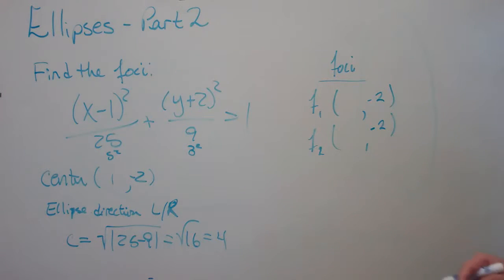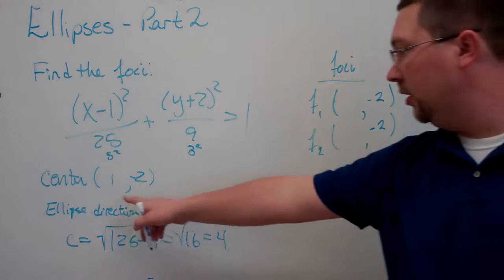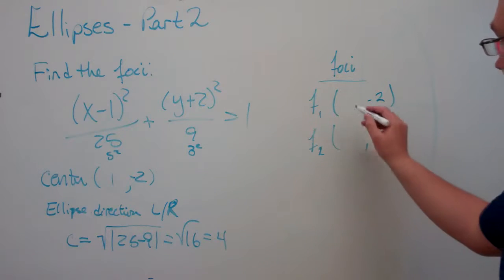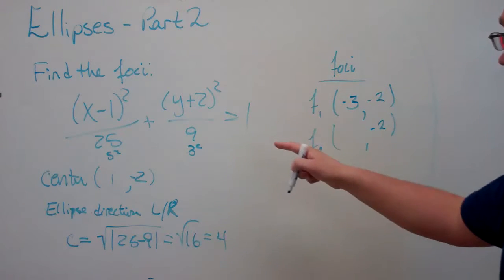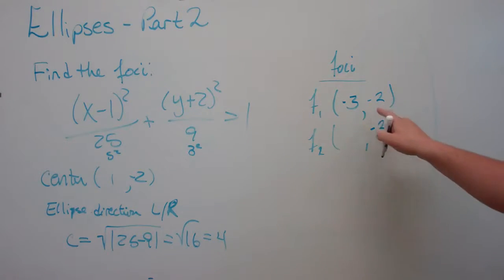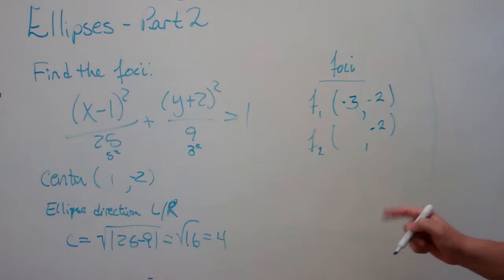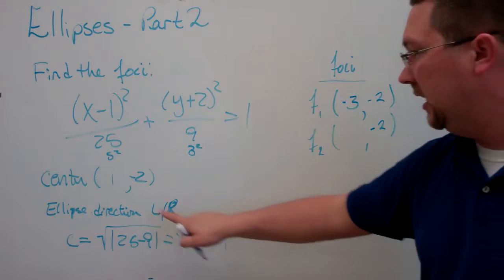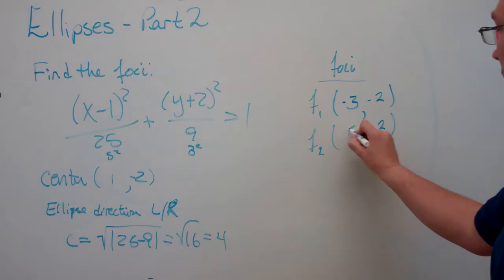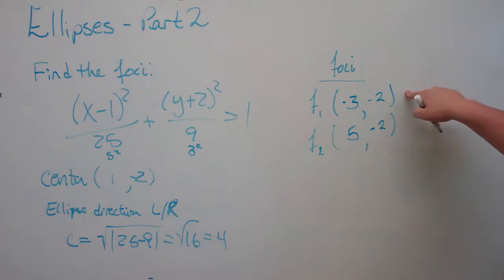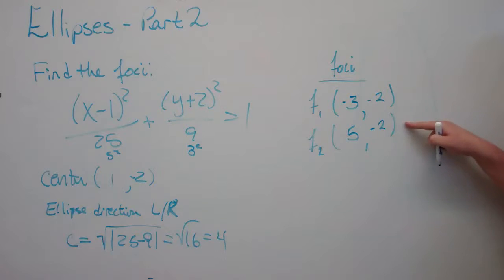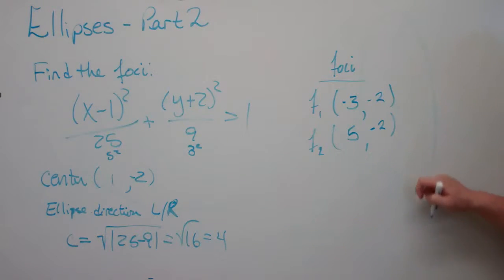Now, to find your leftmost focus point, you're going to subtract C from H. So we're going to do 1 minus 4. So our leftmost focus point is -3, -2. And for our rightmost, we're going to add C to our X value. So this is our left focus point, and this is our right focus point.